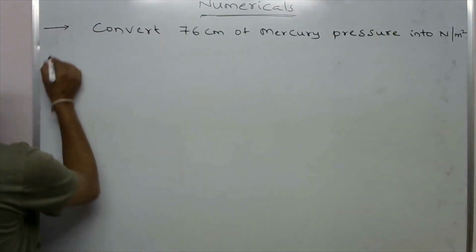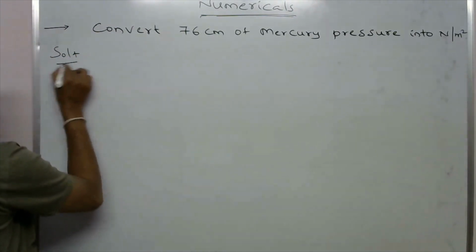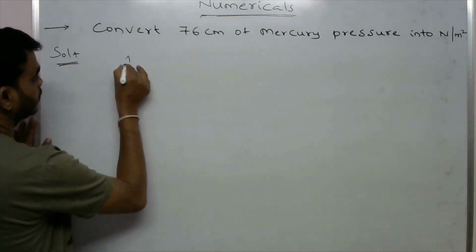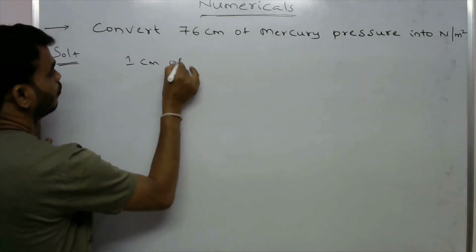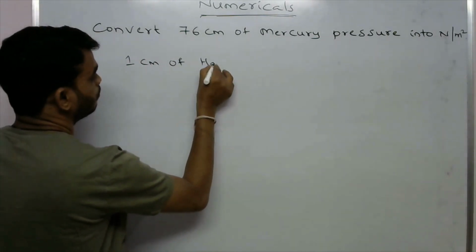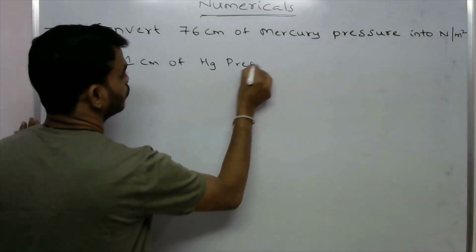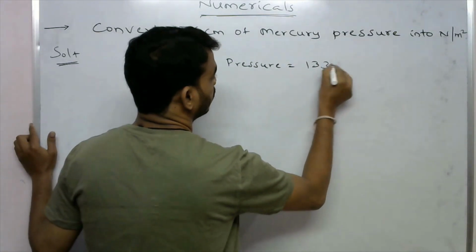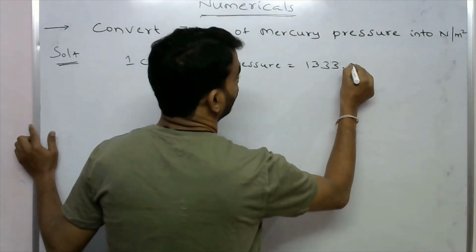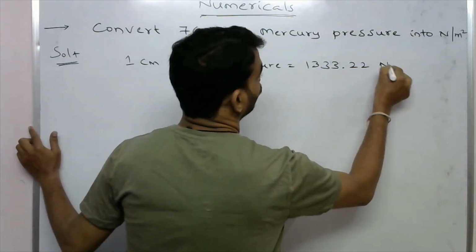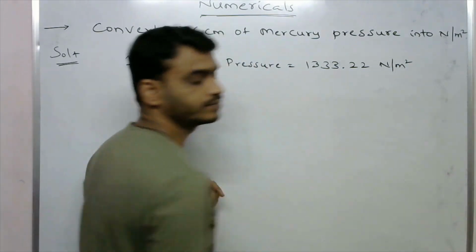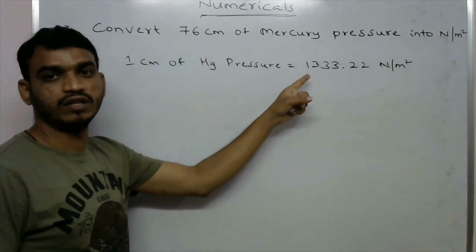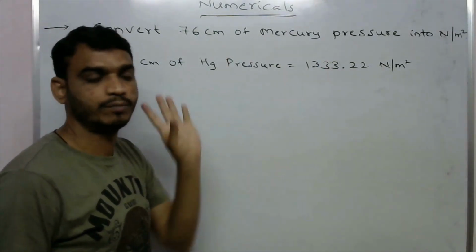So now what is the solution for this? Here 1 centimeter of mercury pressure is equal to 1333.22 Newton per meter square.